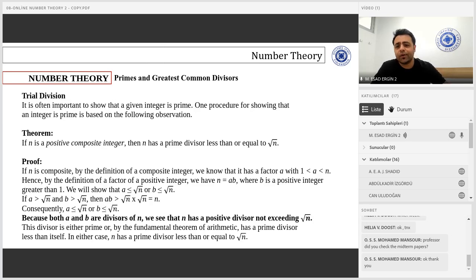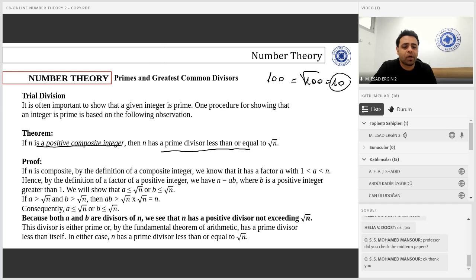So we have a theorem: if n is a positive composite integer, then n has a prime divisor less than or equal to the square root of n. For example, if we take 100, the root of 100 is 10.